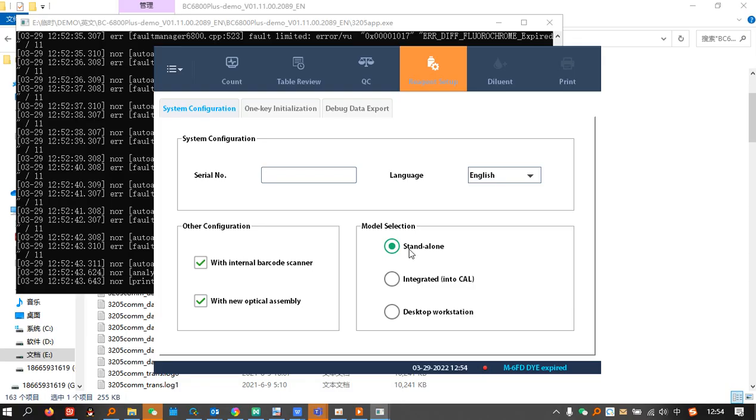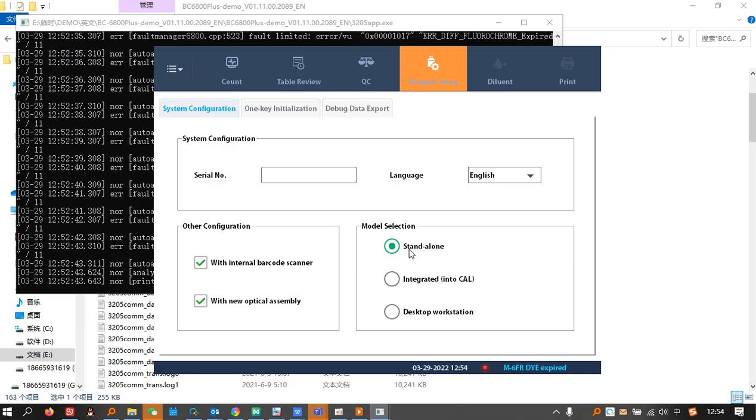And if you directly remove it and install it to the autoloader, it can power on and go into the initialization screen, but it will be pending at the Mindray logo and cannot go into the system.